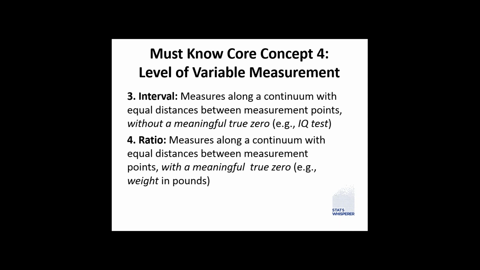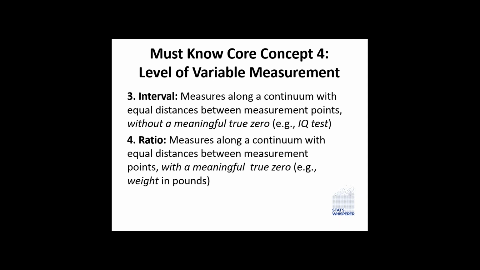Now there's equal distances along measurement points, like an IQ test. So the distance between a score of 90 and 100 is 10, and the distance between 100 and 110 is 10. There's equal distance between measurement points, but there's no true zero. Like in an IQ test, if you get a 0, that doesn't reflect a total lack of IQ or intelligence, depending on which construct you think is represented.